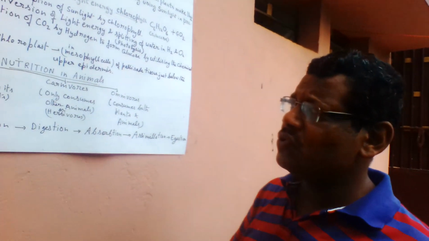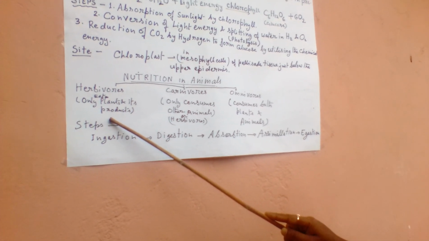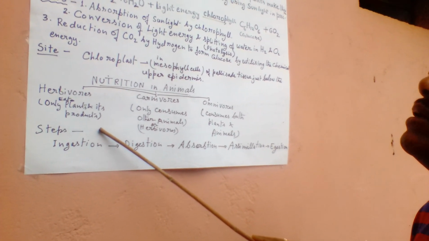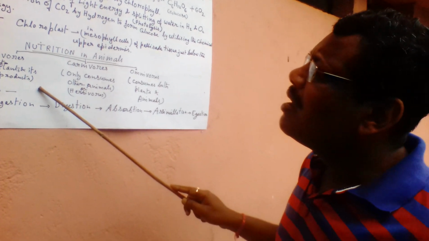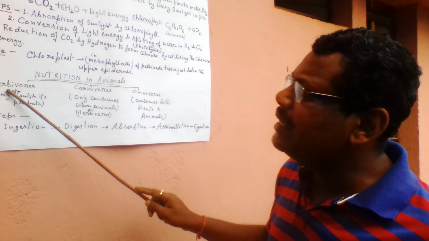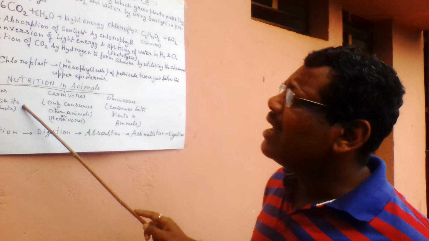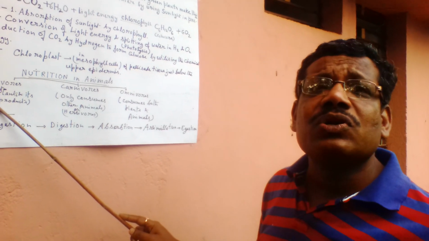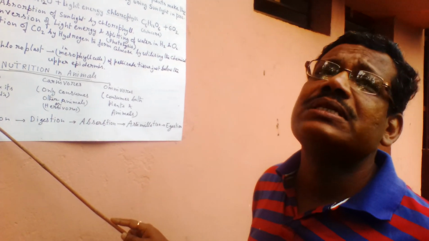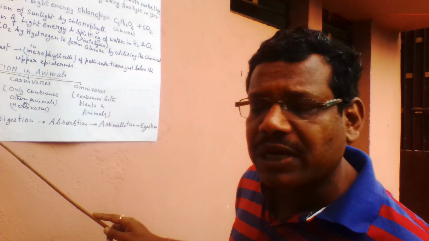Herbivores eat plants and plant products, whether microorganisms or large plants, and their digestive system is larger. As you know, herbivores are also capable of digesting cellulose, so they have a special and large stomach.